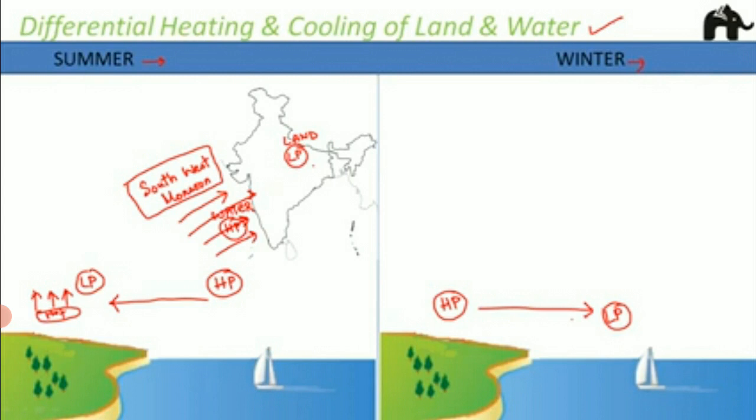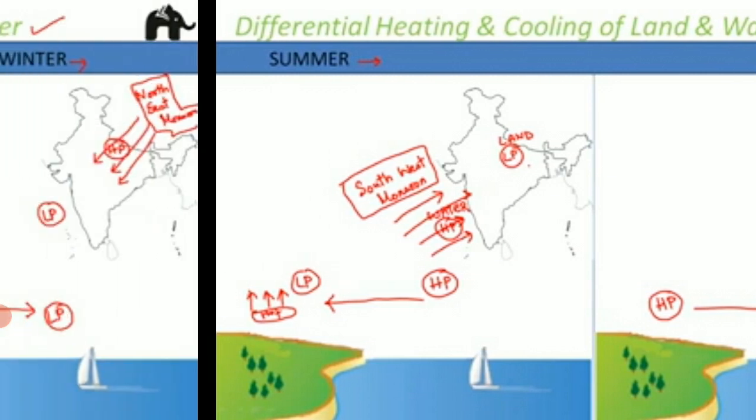The land is heated up, creating a low pressure area there, and near the water it is a high pressure area. And you all know that wind moves from high pressure to low pressure area. So these winds also bring rainfall, children.